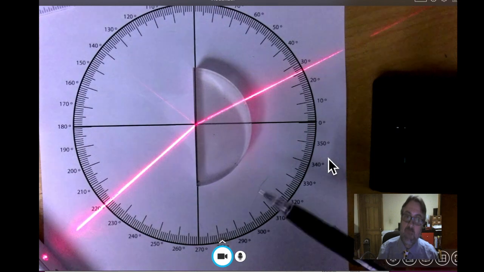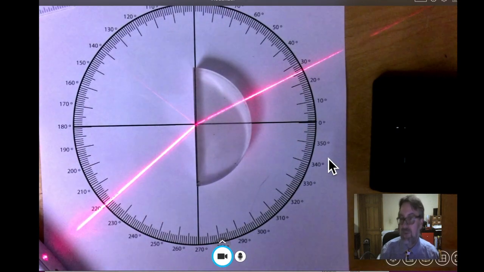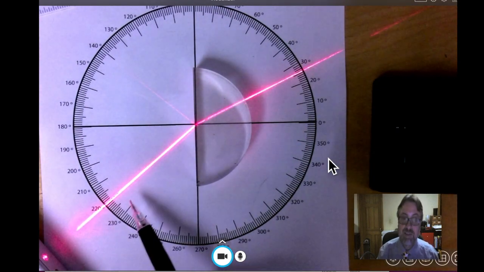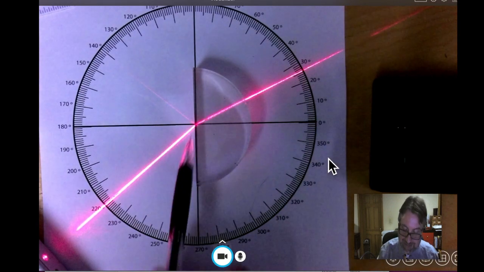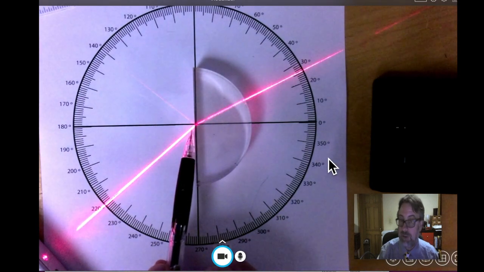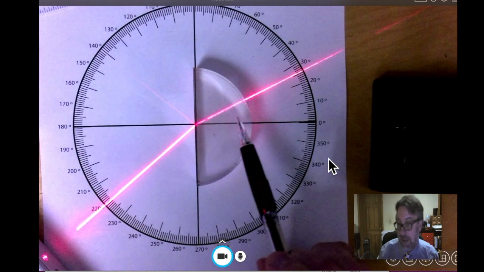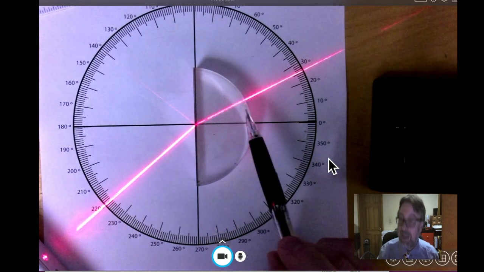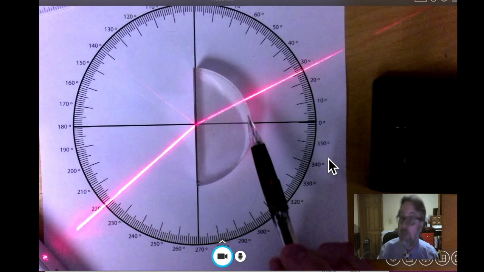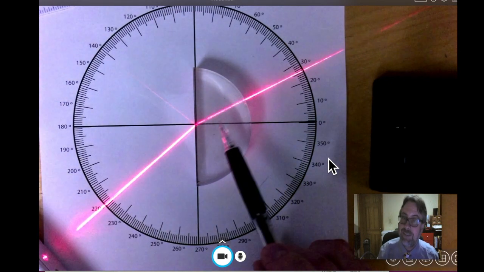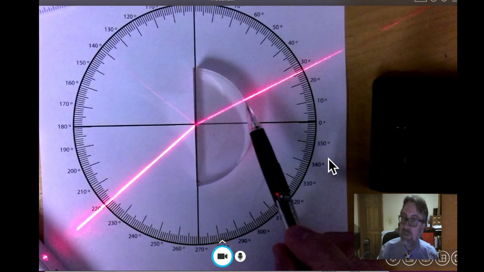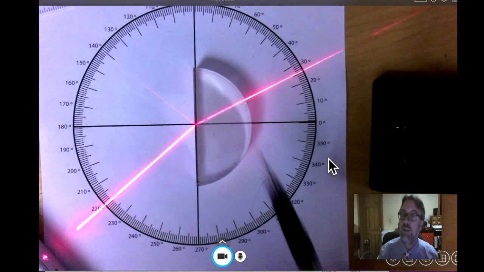Now, the reason why is because, as we talked about with spherical mirrors, I'm making sure that this light beam is striking exactly the center of the half circle, which means the ray is passing through what would be a diameter of the circle, which means the light ray is hitting the sides of the circle perpendicularly along a normal line. So it has no angle of incidence striking from glass to air, and it goes straight through.